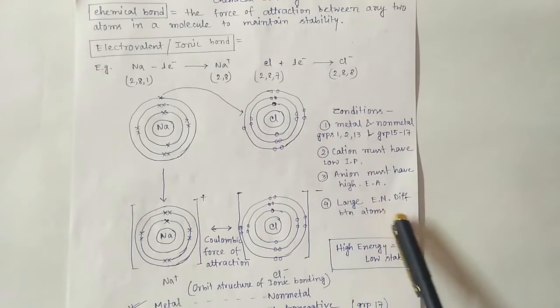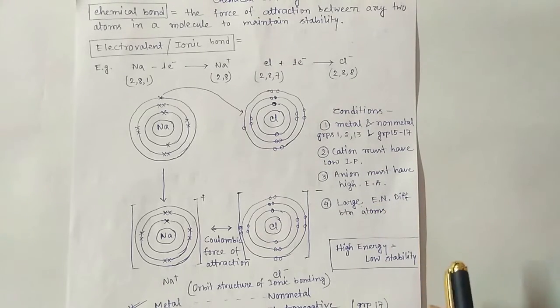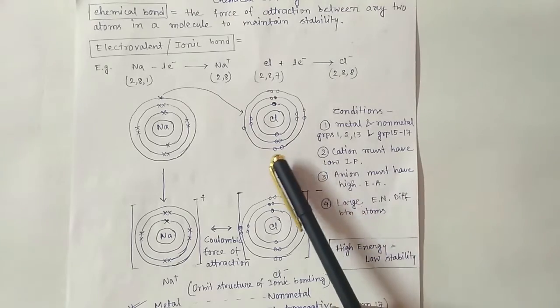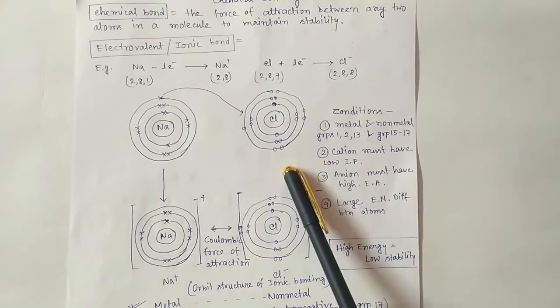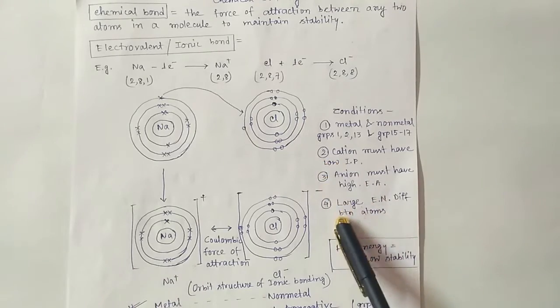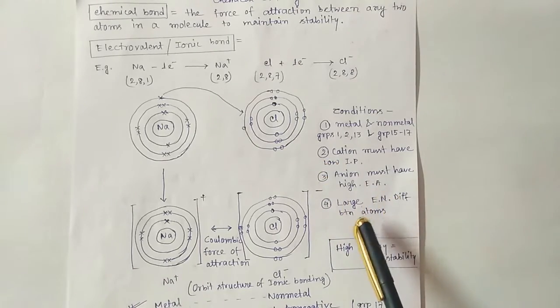Anions must have high electron affinity. So what is electron affinity? I have told you that electron affinity is the energy released when one gaseous atom gets 1 electron in its outermost shell and thus becomes a gaseous anion. So here chlorine accepts 1 electron from sodium and becomes Cl-, and it gets a lot of stability, which is why it releases more energy.